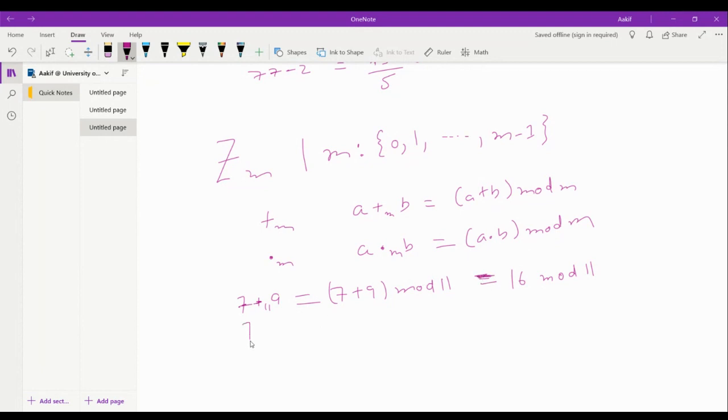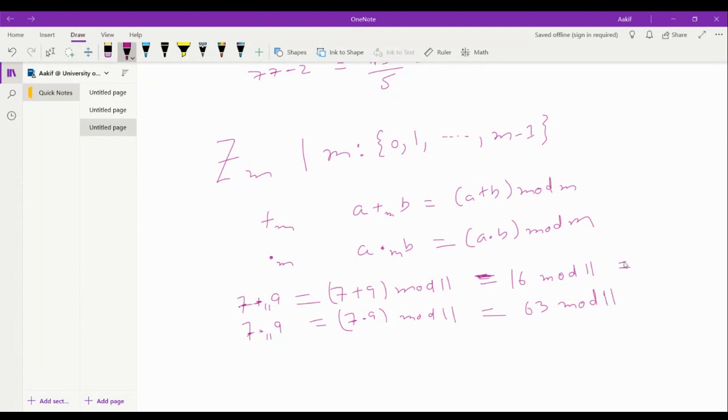Then if we have something of this sort, this will mean 7 times 9 mod 11. So this will be equal to 63 mod 11.